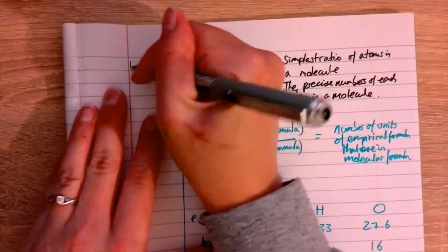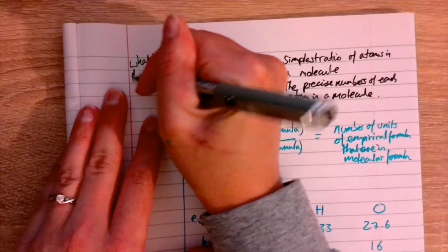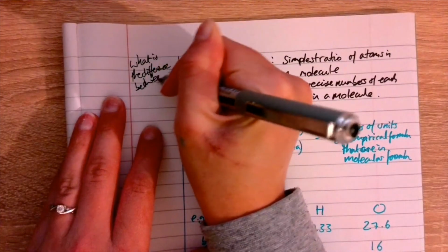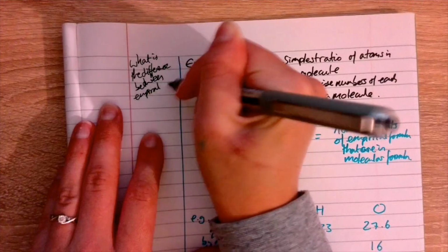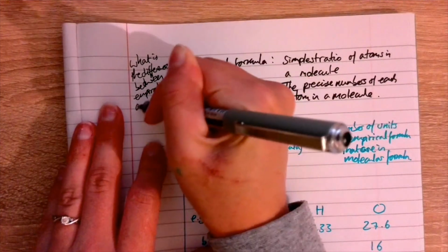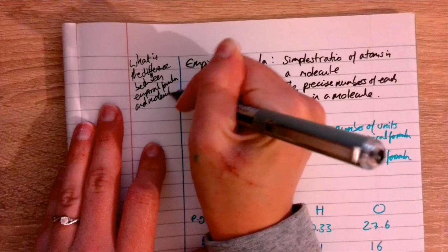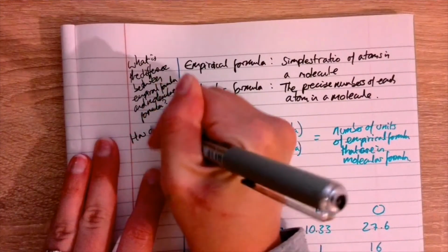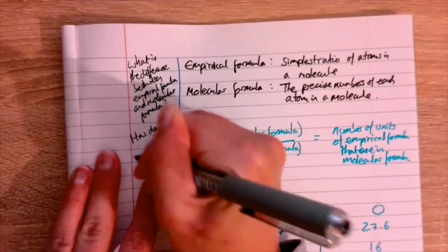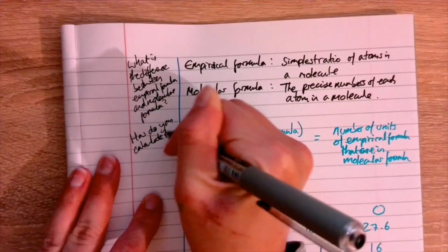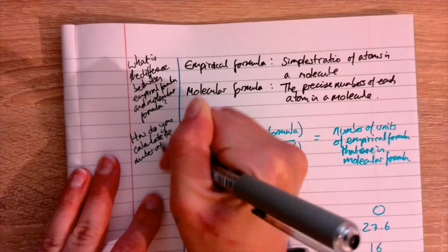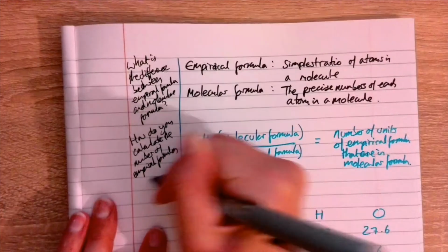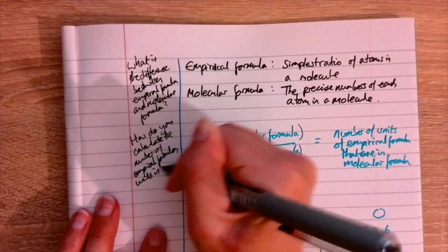We've looked at what is the difference between empirical formula and molecular formula. How do you calculate the number of empirical formula units in a molecular formula?